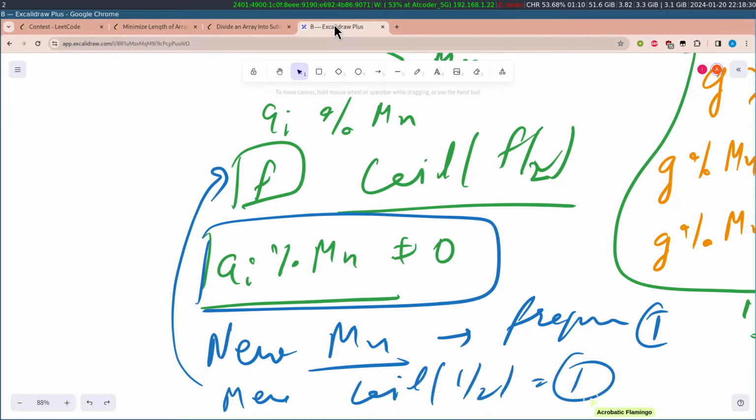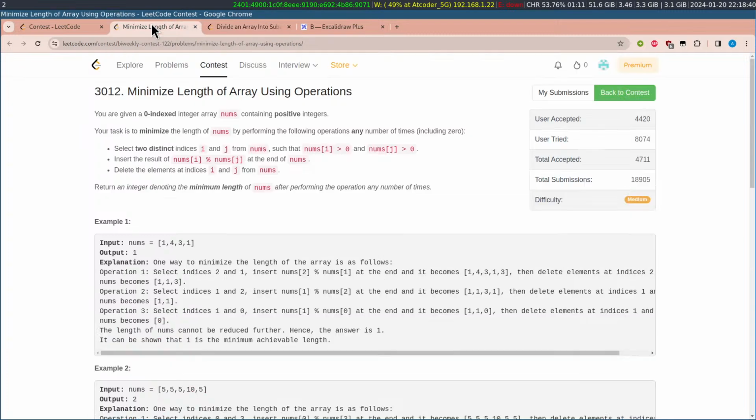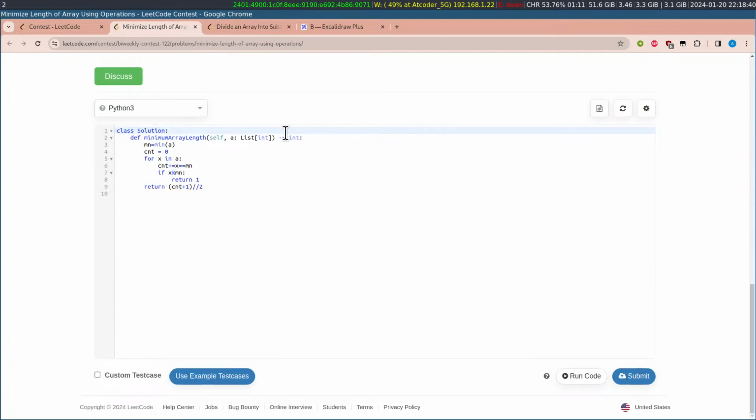So in that case the answer is 1. So I will jump on to code for this one. Yes, the new minimum will always have frequency 1 because this is the element you are getting.